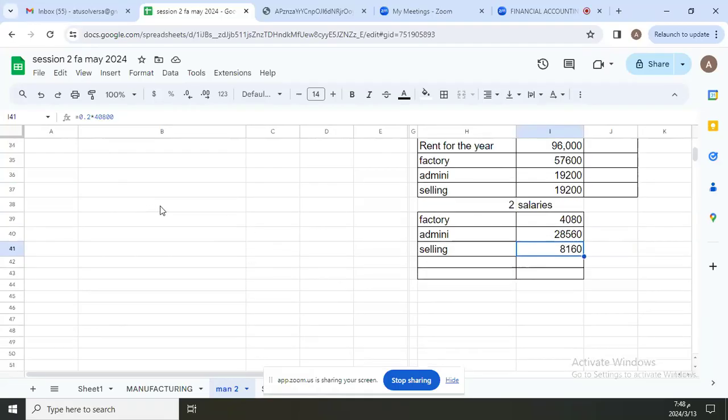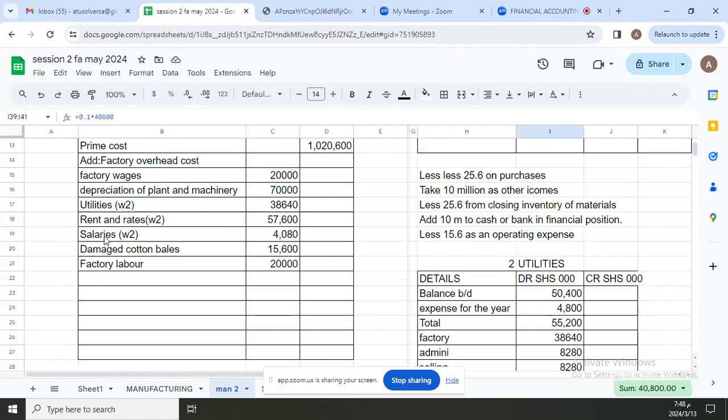Then we compute all the total. We add all. No, we don't add all, because when you add all, it will give you 4,800. We are not interested in the total, but rather the apportionments. So we came here. Salaries, we took 4,080.